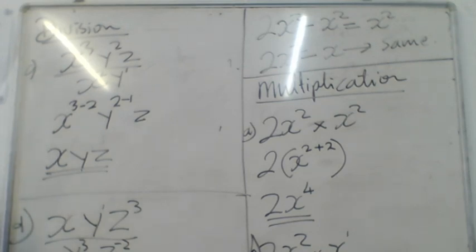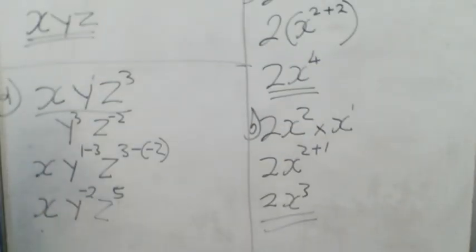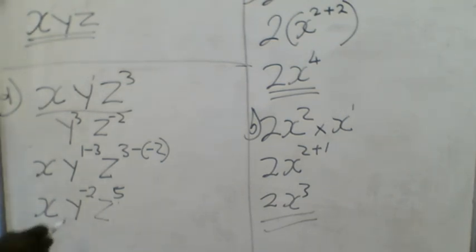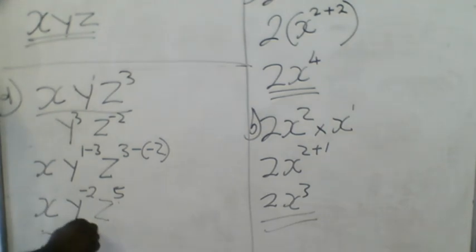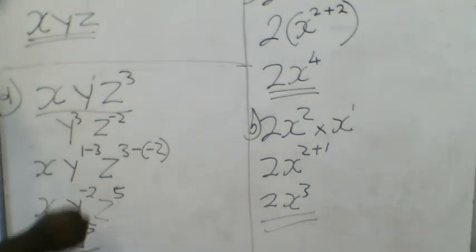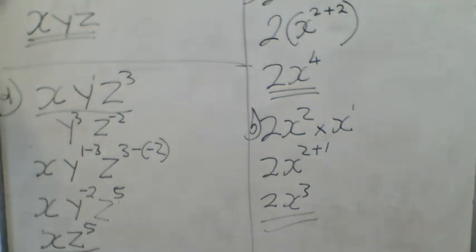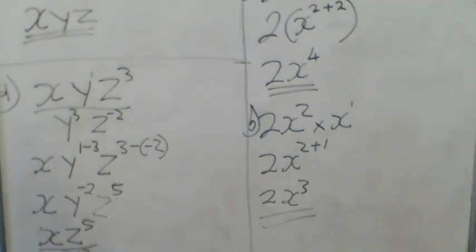Your final answer will be x z to the 5 divided by y squared, because the negative pushes the y down.